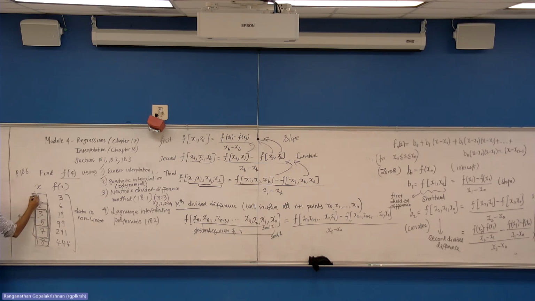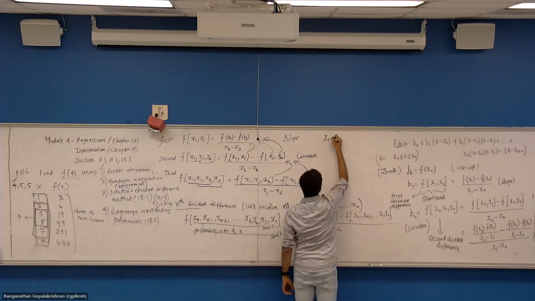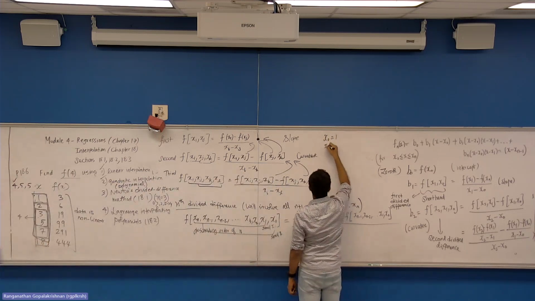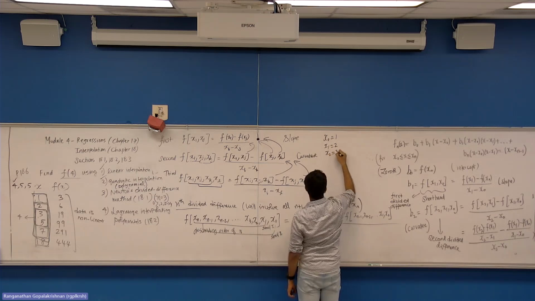So let's choose 1, 2, 3, 5 because the range between 1 and 5 is 4, the range between 2 and 7 is 5, and the range between 3 and 8 is 5. So we'll select 1, 2, 3, 5, the shorter range. So x naught is 1, x1 is 2, x2 equals 3, and x3 equals 5.